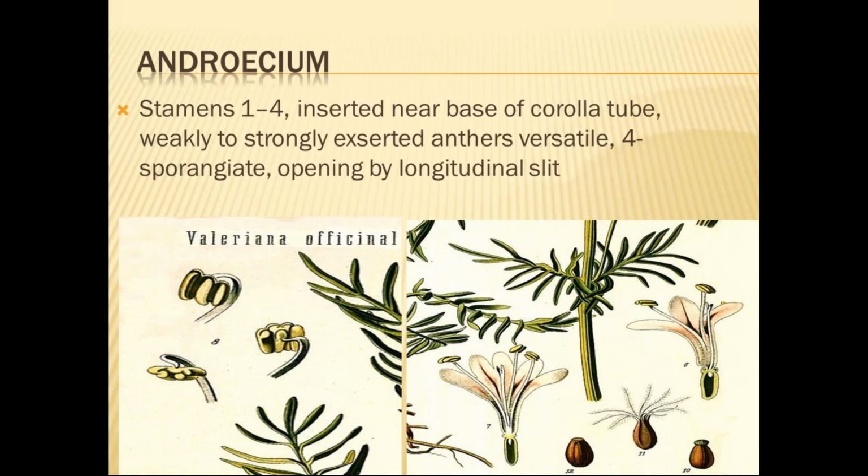In the right side photograph at the center, we see the corolla tube, where the anthers are attached at the base of that corolla. They have 4 sporangia opening by a longitudinal slit. In the left side photograph, we see how the longitudinal slits, the 4 sporangiate openings, are there in the anthers. That is one of the important characteristics in this family.